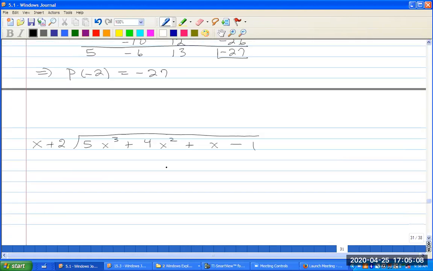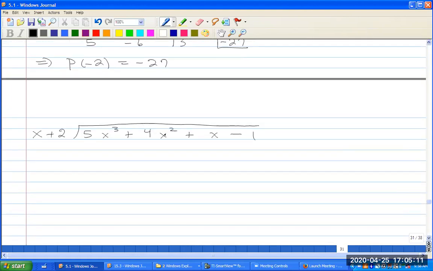Let's do long division. 5x cubed divided by x is 5x squared. And so if I multiply it, I get 5x cubed plus 10x squared. And I subtract. The 5x cubes cancel. 4x squared minus 10x squared is a minus 6x squared.